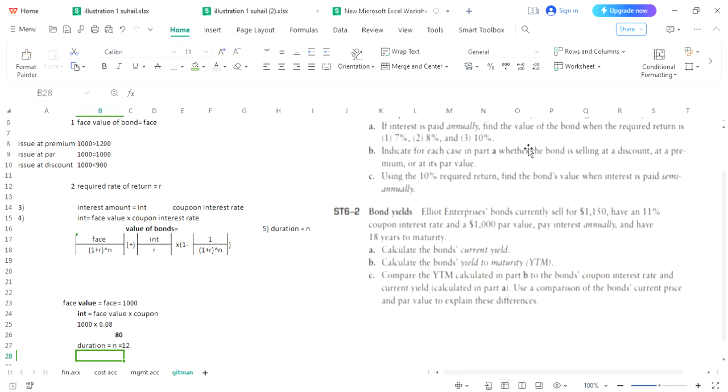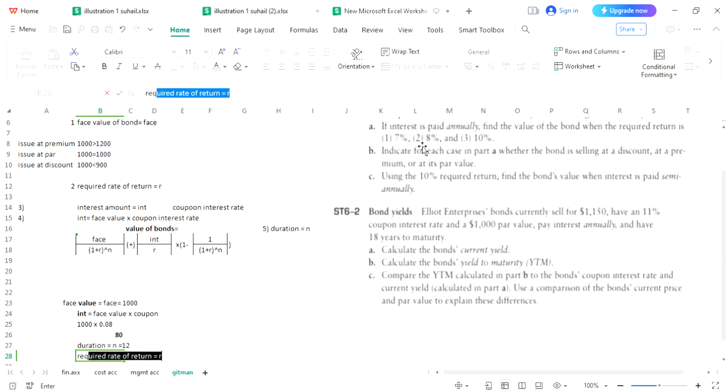Next is find the value of the bond when required rate of return is 7%. Required rate of return we have already seen, and it was R. And how much is the value of required rate of return in the first part, it is 7%. That means 7 divided by 100, or you may call it 0.07.